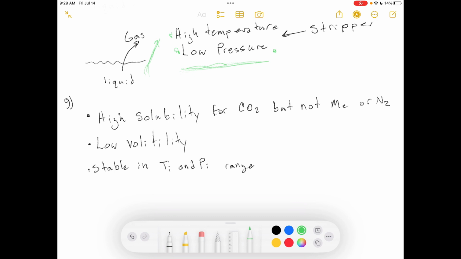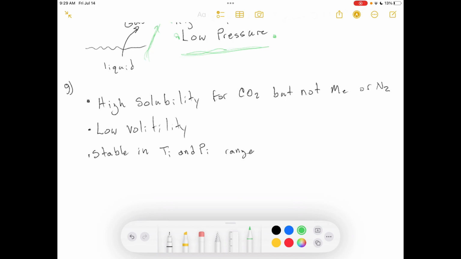All right, part G. What properties of methanol would you guess make it the solvent of choice for this process? In more general terms, what would you look for when choosing a solvent for an absorption stripping process to separate one gas from another? Okay, so you want high solubility for the component that you're trying to separate, right?